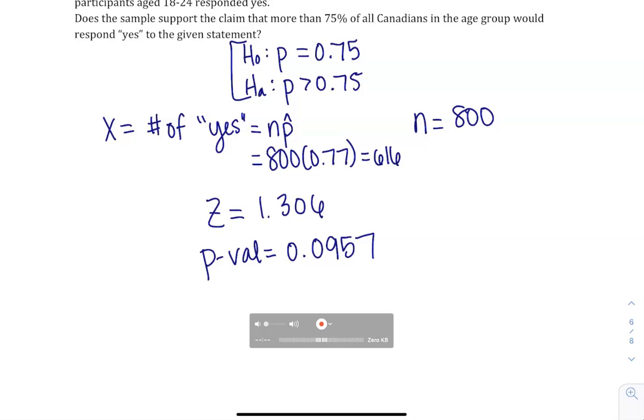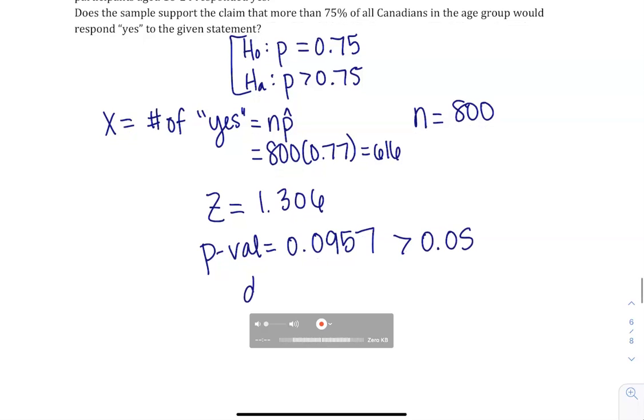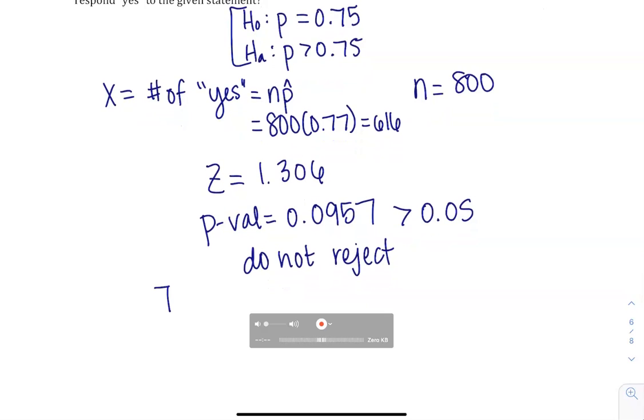This p-value is kind of big, okay? We don't know what our alpha was, but we'll just assume that it was 0.05. So we do not reject. Here we did not find enough evidence that more than 75% of young Canadians would say yes. So that's what we write.